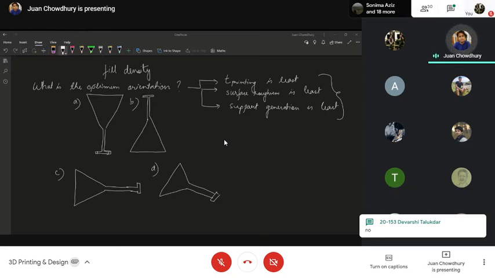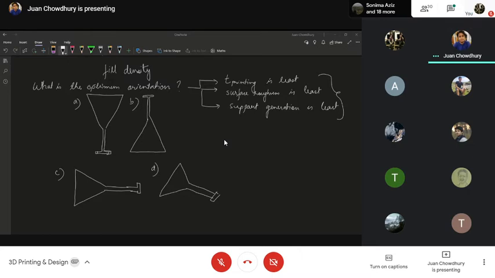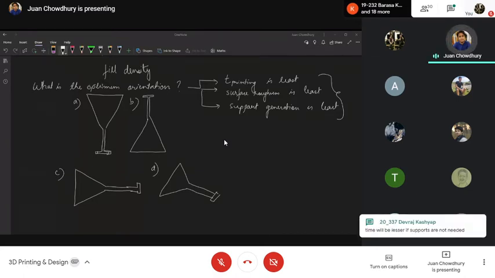The time taken will not be the same. Okay, which one will be faster to print? Which one of these will take less time if supports are not needed?